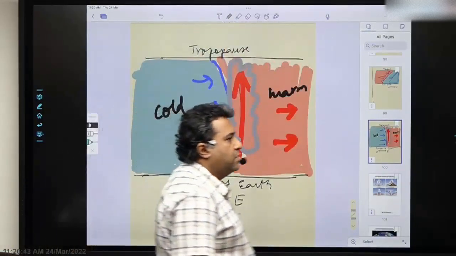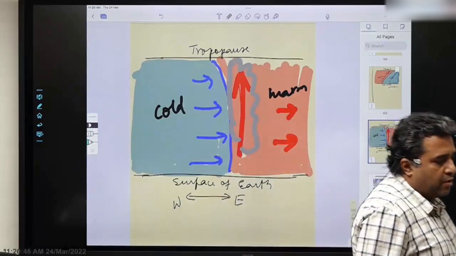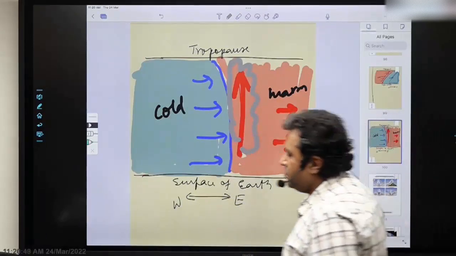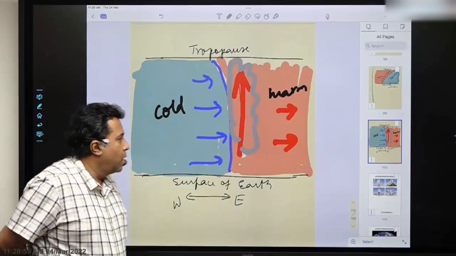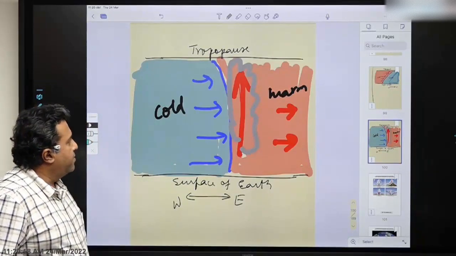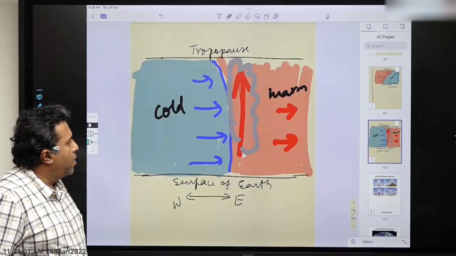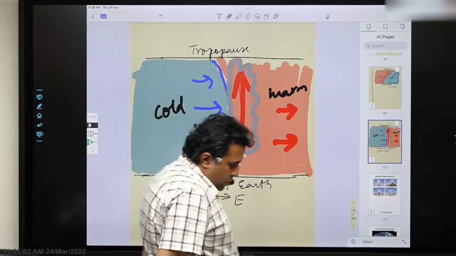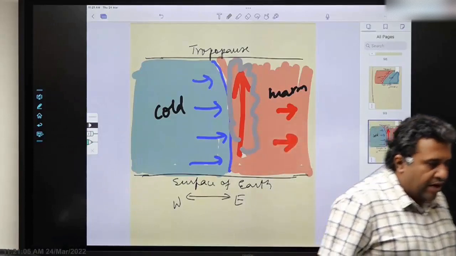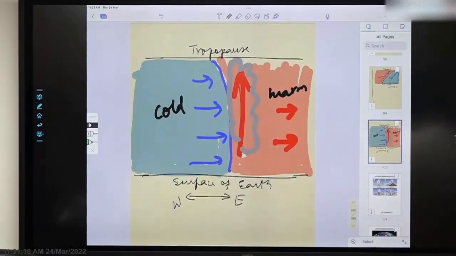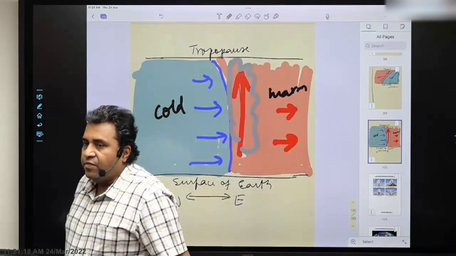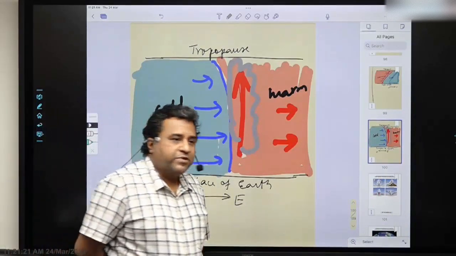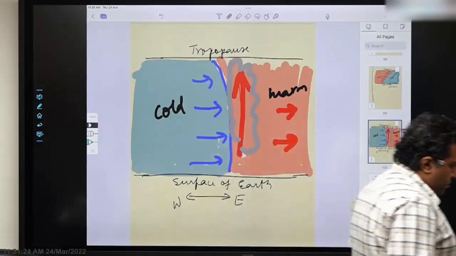In the cold front diagram, we find that the cold air mass pushes the warm air mass, the cold denser air mass pushes the warm lighter air mass easily.